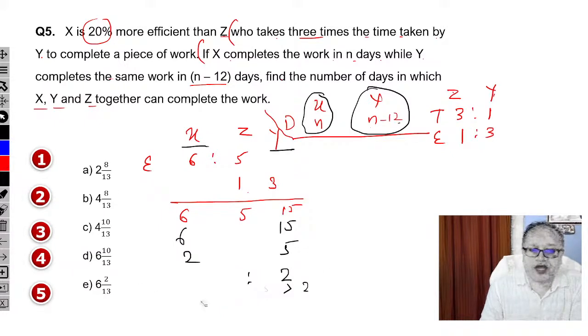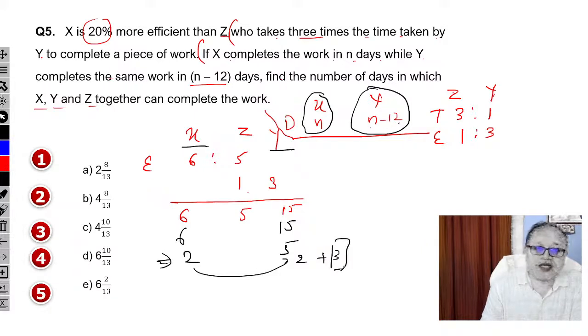As we have the days ratio over here, 2:5. So here it is 2 plus 3, that means 3 parts extra, which is 12 days. Okay, you got the answer? 6, 5 and this one.